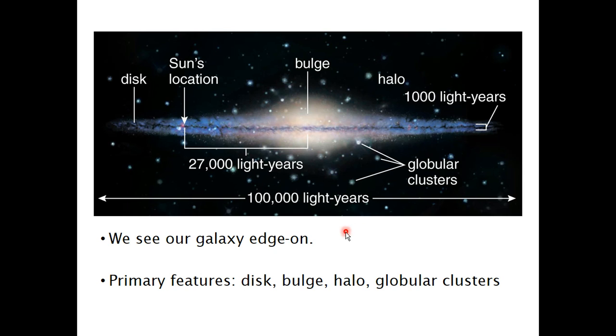What we see is that there's a disk of stars with several arms. We're sitting somewhere out near the edge of one of the arms. There's a bulge that is higher density stuff. There's a halo, which contains lots of globular clusters and other older stars. And in relative sizes, it's about 1,000 light years thick and 100,000 light years in width.